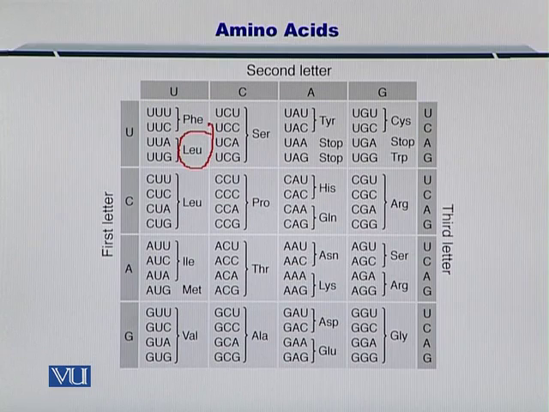Next, following these codons, if there were another codon with CAU or CAC, the amino acid histidine will be coded. So now you have 2 amino acids coming together.